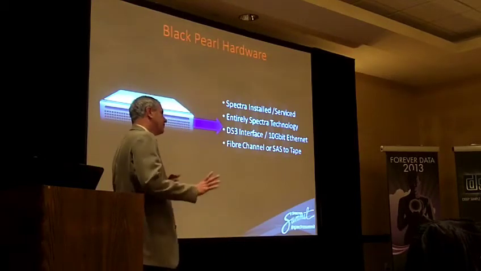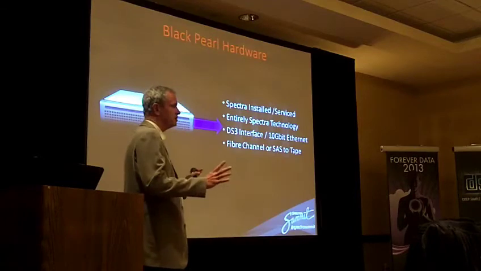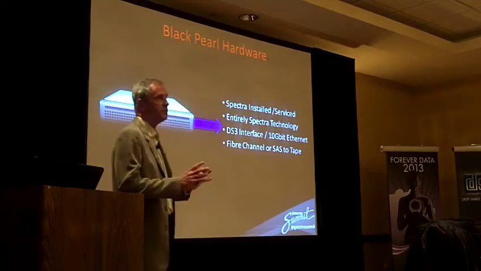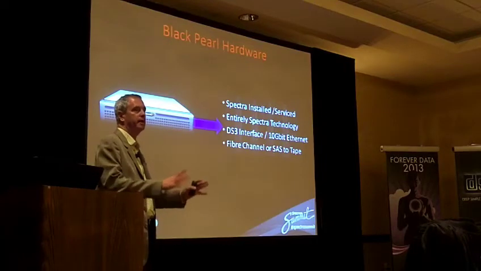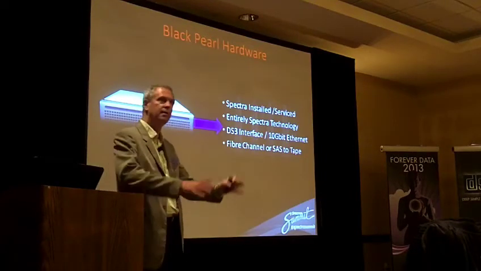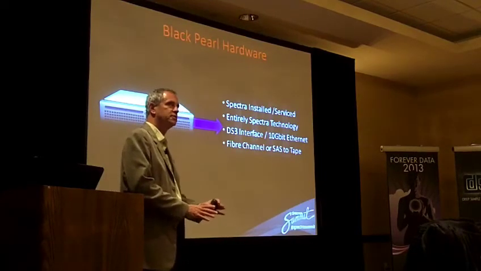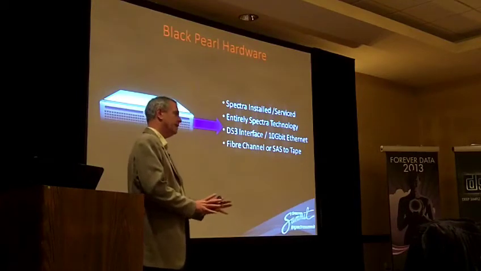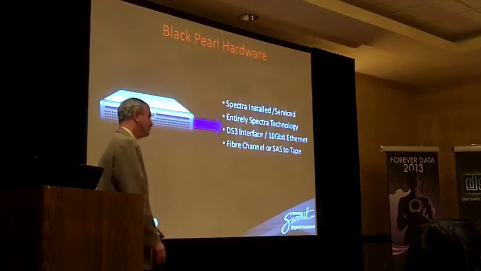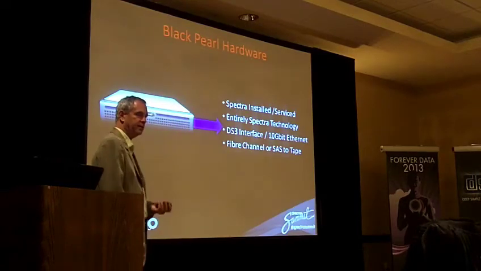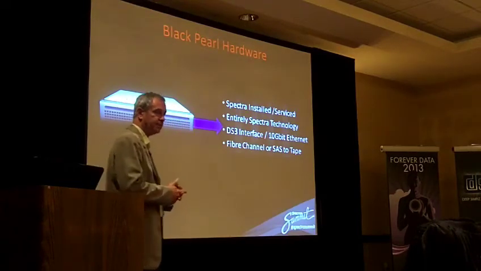You can think of this box as being installed and serviced by Spectra. So most customers aren't going to have to be introduced to the back end at all. We're going to come in, hook up the tape system, and hook up the networking connections to that tape system and get this running so that from the front end they can do their work. So it's basically a PS offering for us to do that.